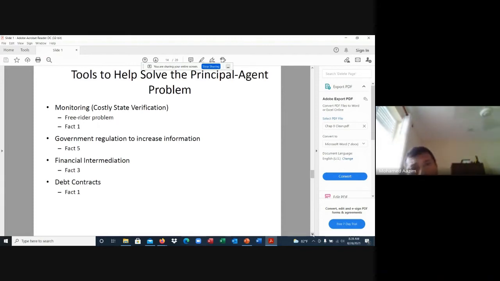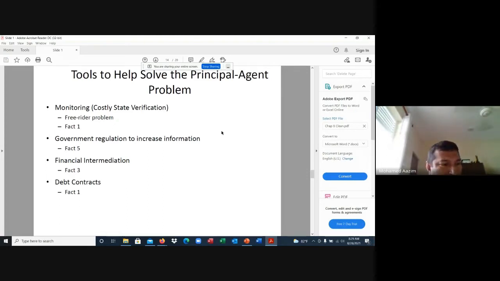So we call them PA problems. One way of looking at it is from a monitoring perspective. But this is costly. You have to see monitoring, even if you employ a CCTV camera structure, right?